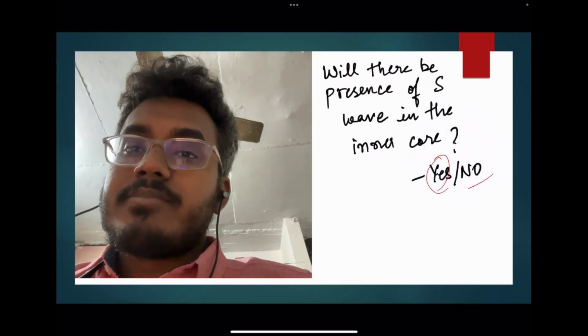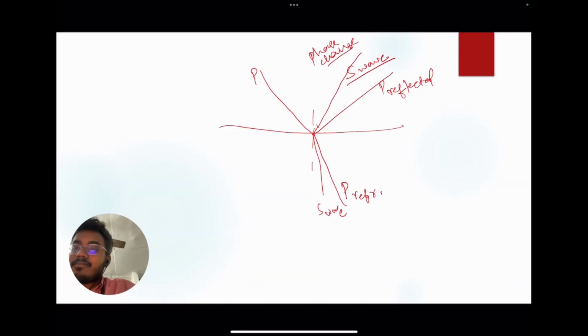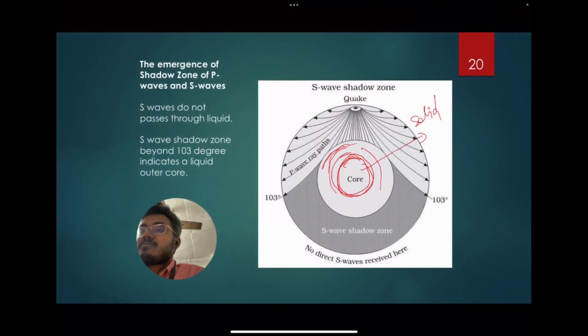So some P wave will undergo phase change in the inner core to S wave. That's why S wave will be found here. And that is why it is written here that no direct S wave is received here, because the P waves which get converted into S wave will be found here.